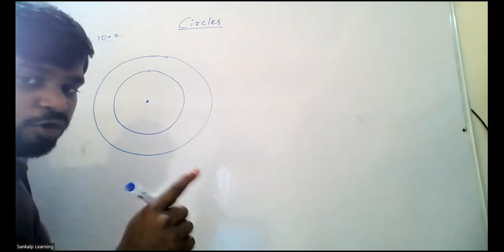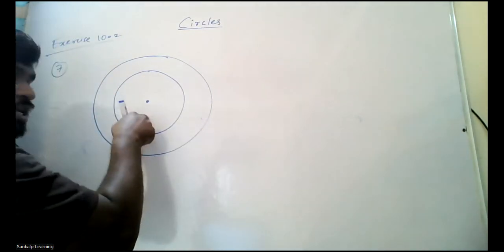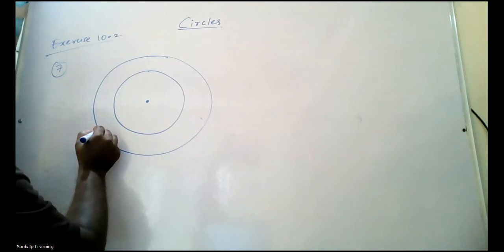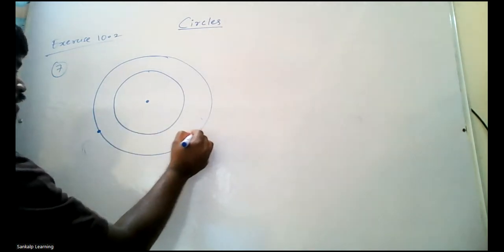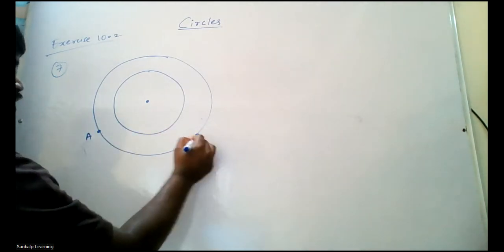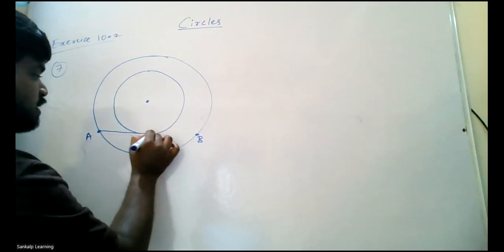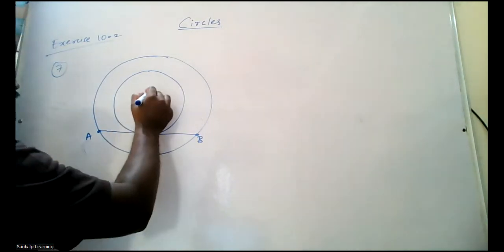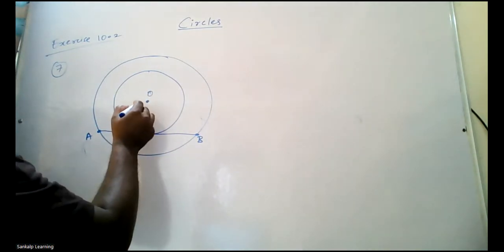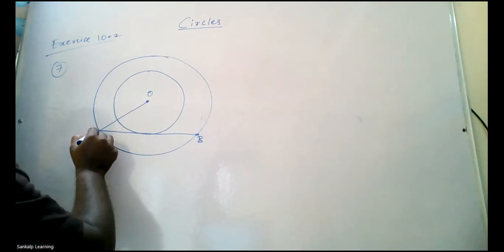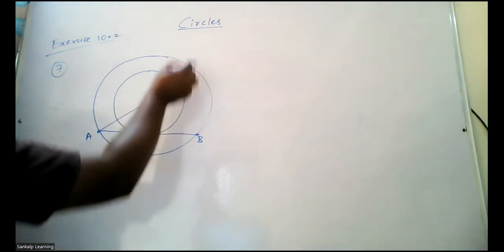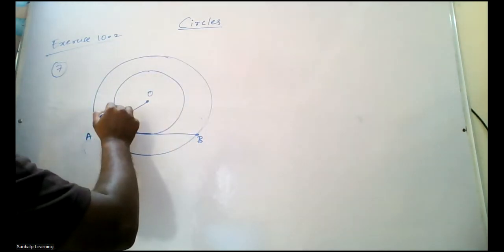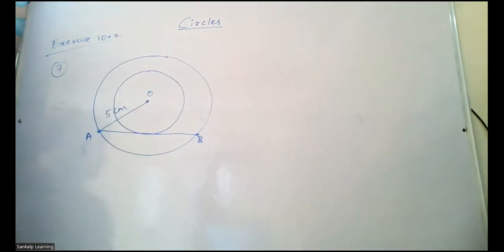There is a chord of the larger circle which is touching the smaller circle, something like this. AB is the chord of the larger circle which is touching the smaller circle. Let's take this as O. Let's join this O and A. OA is what? Radius of the bigger circle. That is 5 centimeters. Remember that.